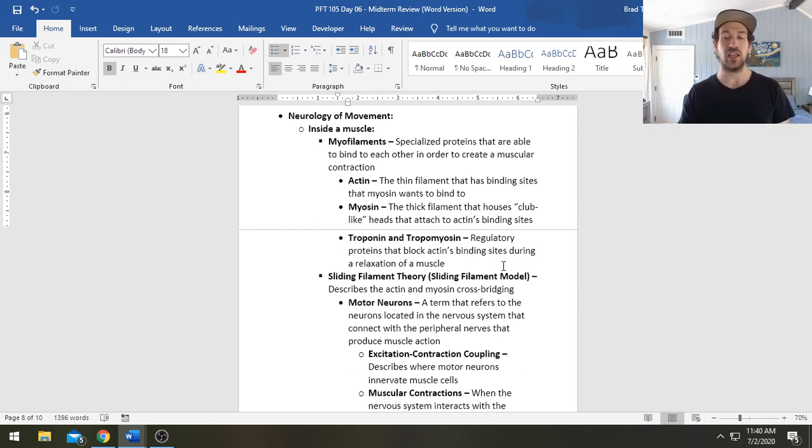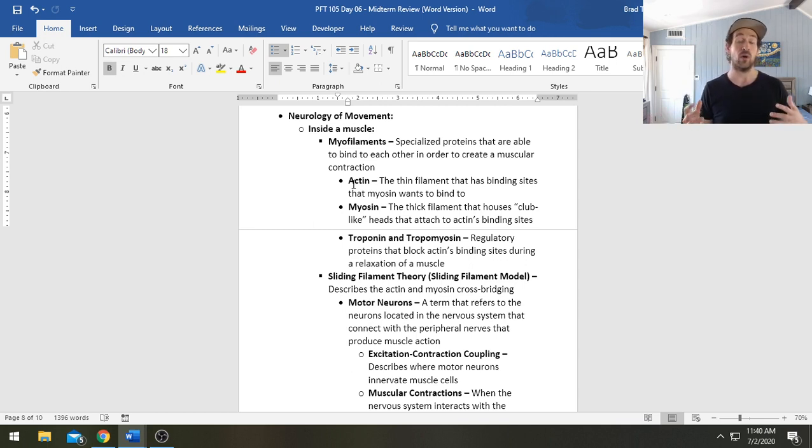So if we're looking at our myofilaments, we've got our really thin filaments, this big long string. That myofilament is called actin, and it's full of all these little binding sites that another protein called myosin really wants to reach up and grab so that it can change its shape and pull towards its center. And that myosin has these little club-like heads. So myosin's really attracted to actin.